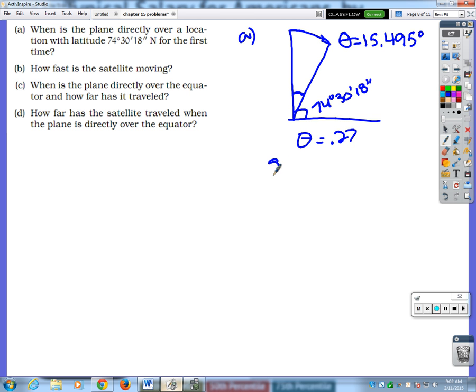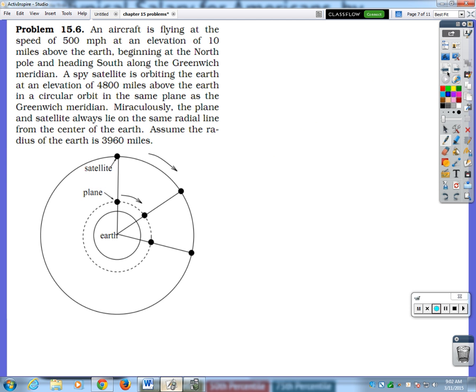Okay, so to figure out that arc length, I have to go with the radius, which is how far is the plane above the Earth? The plane, this is the airplane, is 10 miles above the Earth. But we need to know the radius of the entire circle. So the radius of the Earth itself is 3,960 miles.